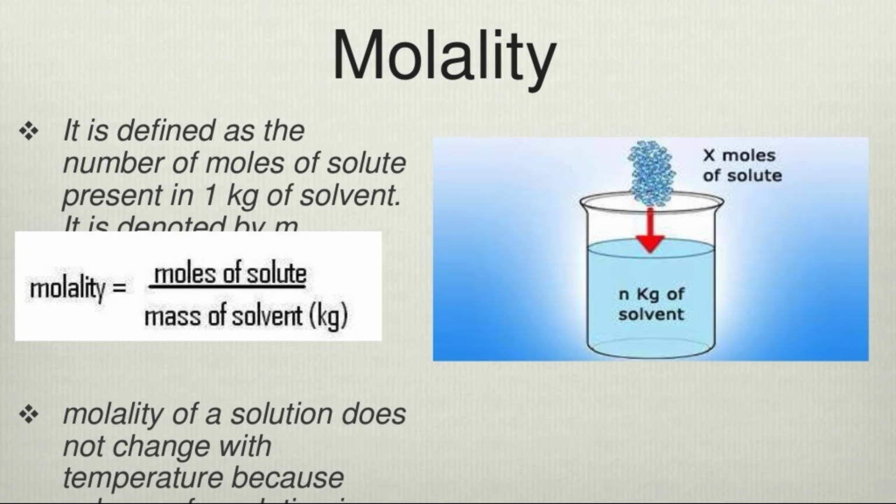It is defined as the number of moles of solute present in 1 kg of the solvent. The molality formula is equal to moles of solute divided by mass of solvent in kg. The unit is mole per kg. Important: molality does not depend on temperature because mass does not change.